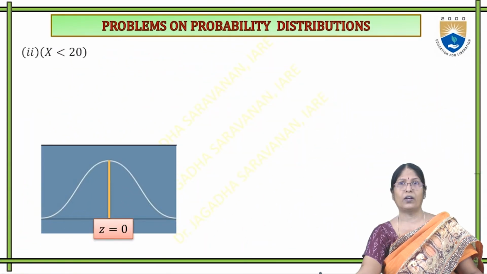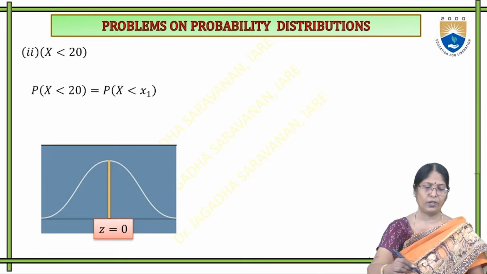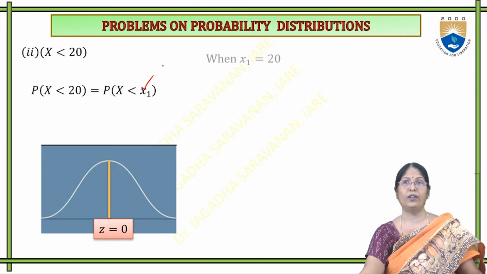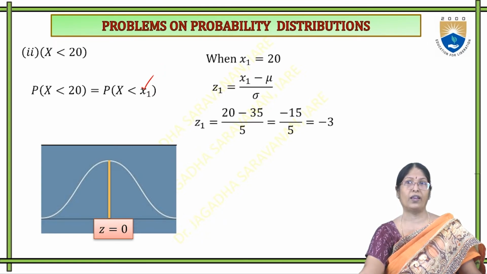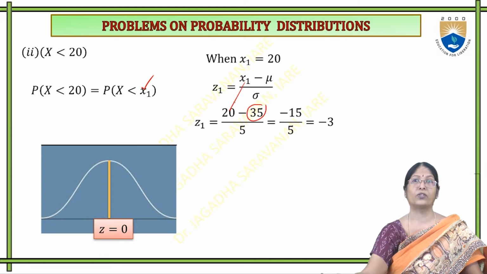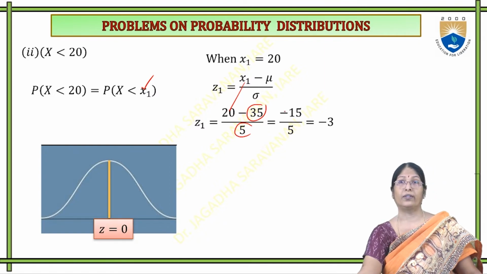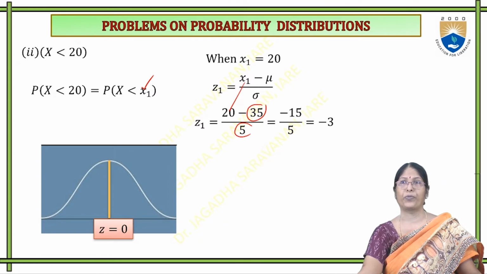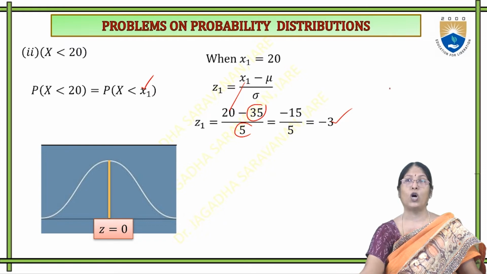So the next question is x less than 20. The 20 we assumed as x1. It should be converted into z1 using the scale, and we used it. Here x1 is 20, and mu and sigma are replaced by 35 and 5. Finally the output we obtained is minus 3.